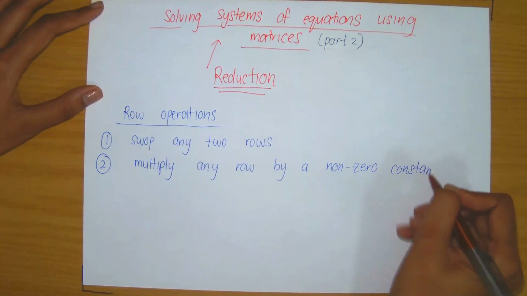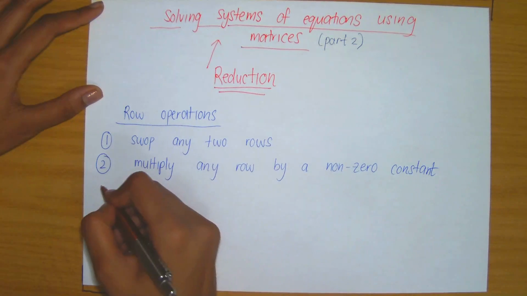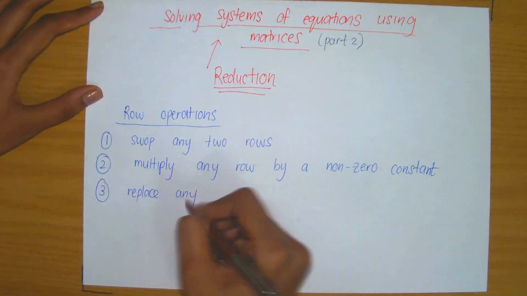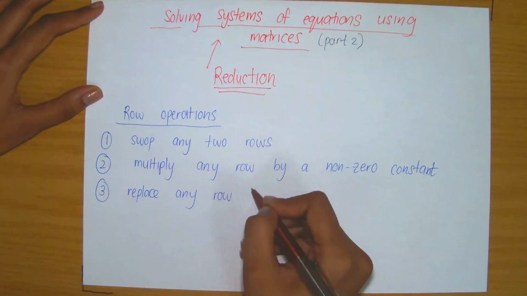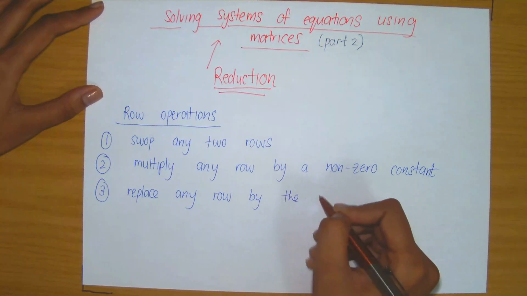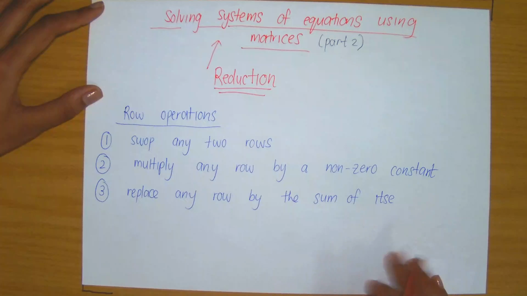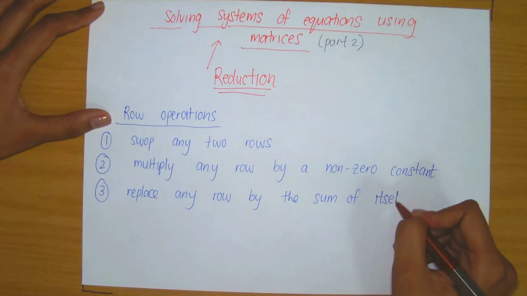Okay, and the last row operation says that we can replace any row by the sum of itself and a constant multiple of another row.